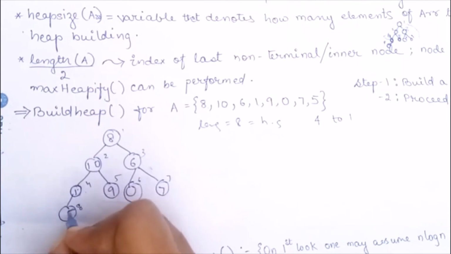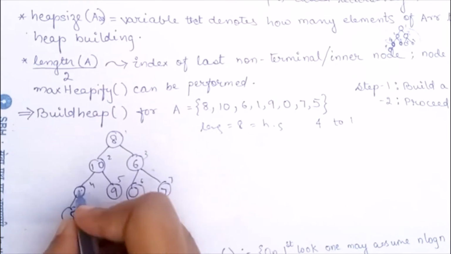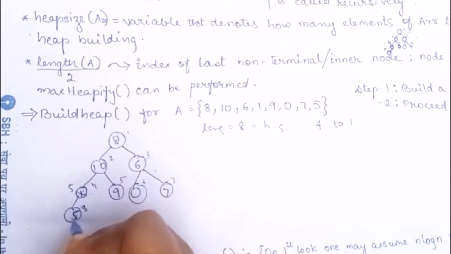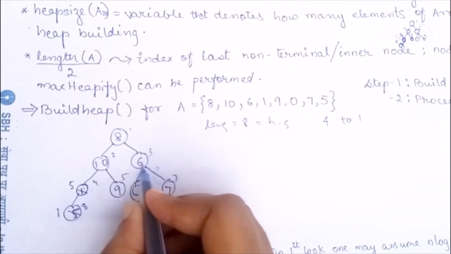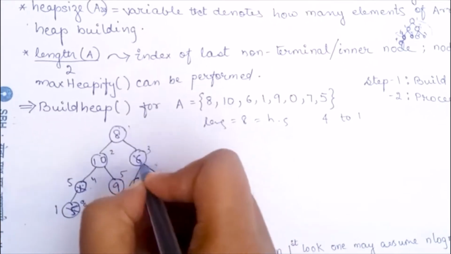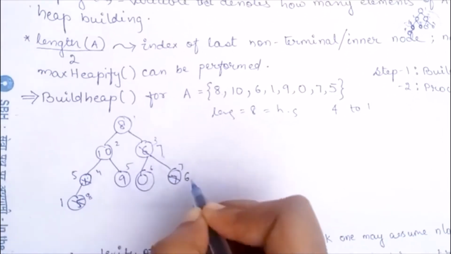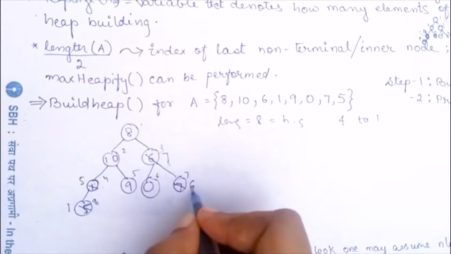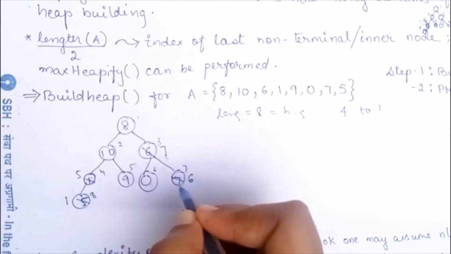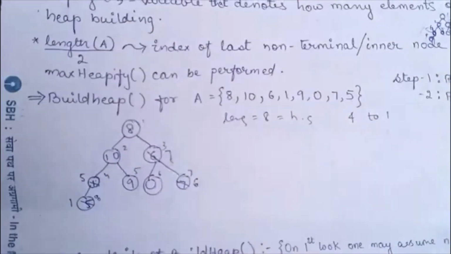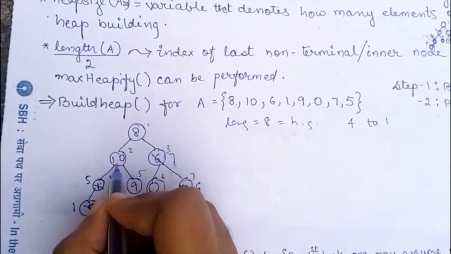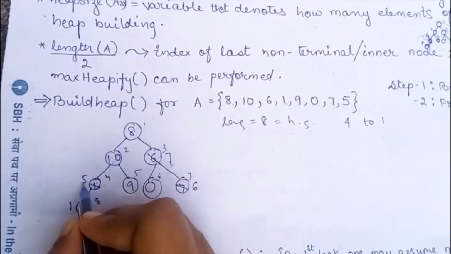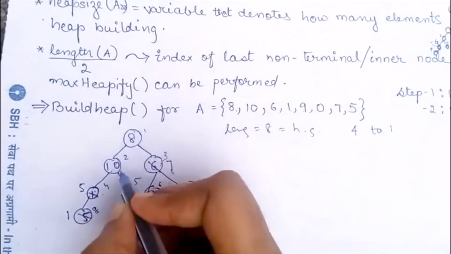The left child is greater than the root node, therefore this will be 5 and this is 1. Then max heapify here, 7 will go here, 6 here, and then this node is already a max heap. We were doing this node, then we have to do this node. This is 10, 5 and 9. 10 is greater, fine.